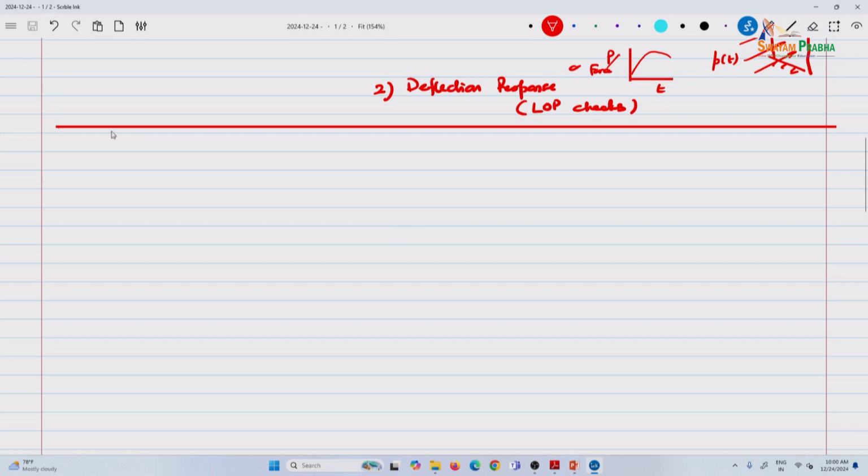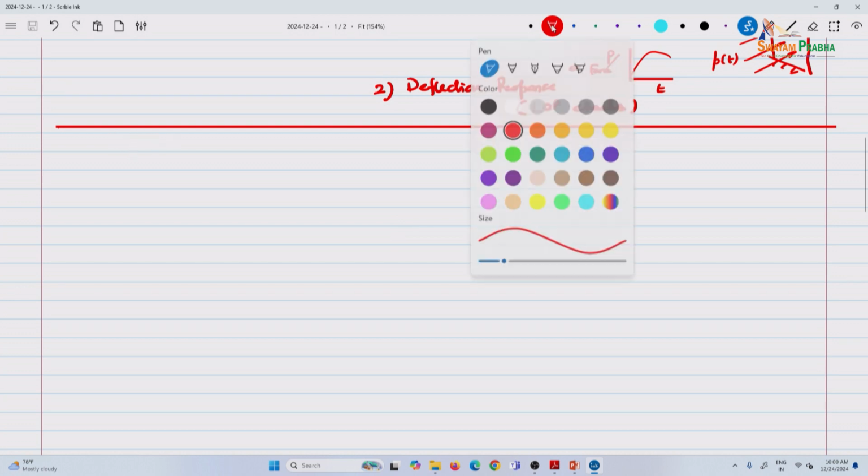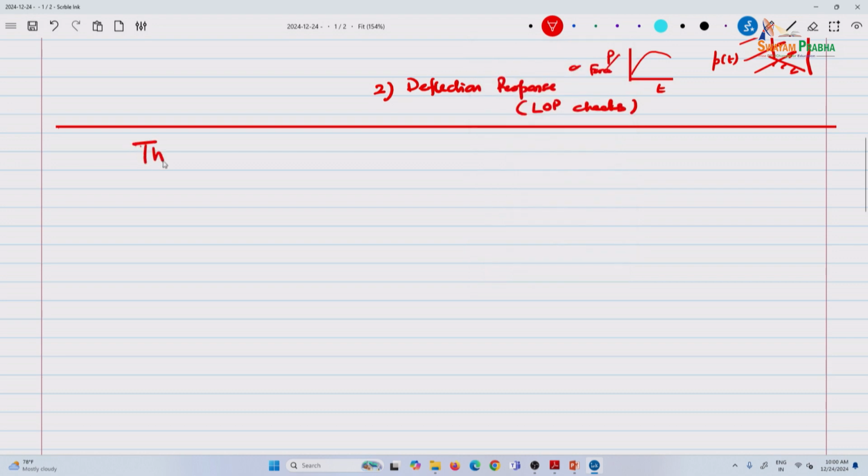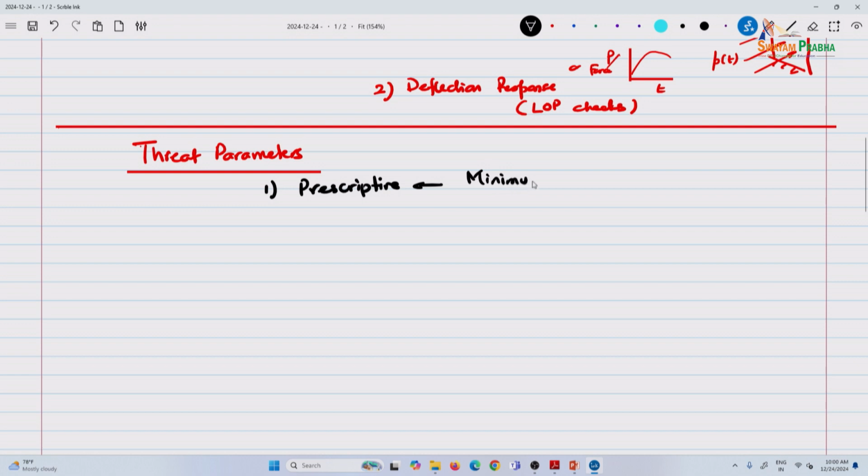So, let us start with threat parameters. The first one, so some of the characteristics are, as I talked about, it is prescriptive, and as I said, these are the minimum standards, whether you are using DoD or some other.